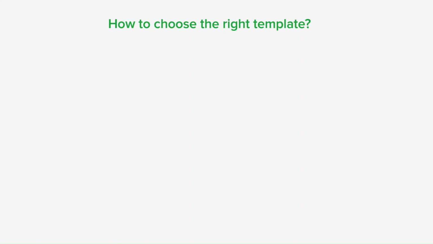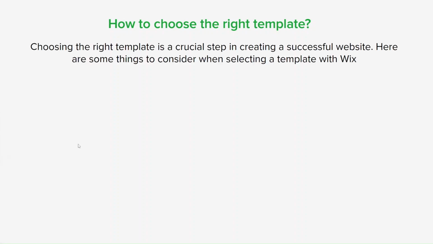So there are some things that you want to consider whenever you want to choose the right template. The first thing is purpose and content. So you want to take into account the reason of your website. So like if your website is mainly for written content, you want to look for a template that can house written content in an easy to read way.